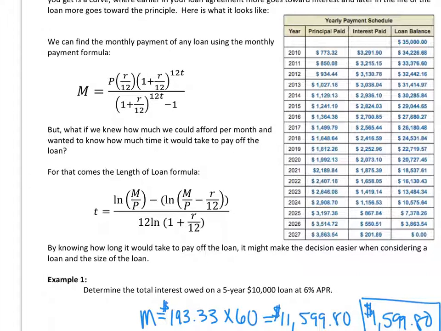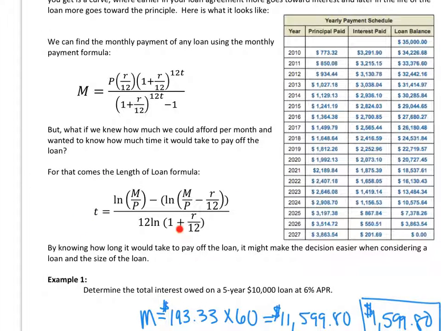So for example, if I want to buy a $20,000 car, and I know because I've been working through my budget sheets and everything that I can afford $200 per month, we can plug that information into this formula to figure out how long it will take me to pay it off.